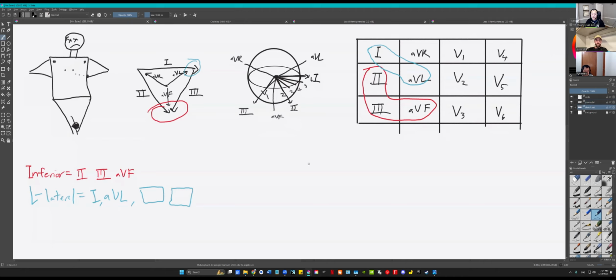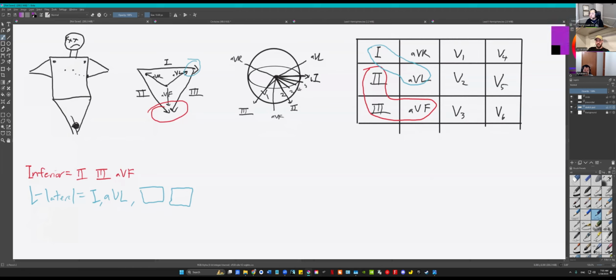So, knowing this, what are the anterior leads? Would the V leads be at the front of the patient? V1, 2, 3, 4, 5. I mean, I guess talking about the arms and the feet.